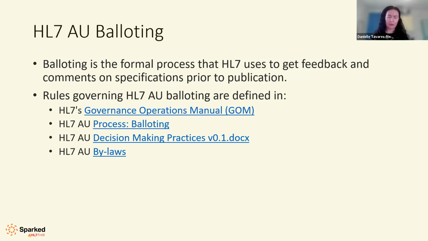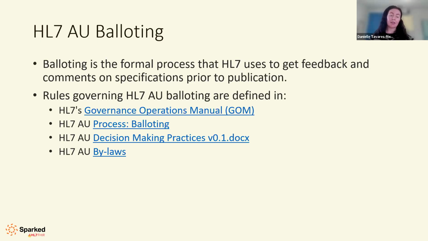There are rules governing how the HL7 Australia ballot works. They're primarily defined in 4 documents. By the way, these slides are already on the minutes, so you can go grab them now if you're keen, or come back later. So there's the Governance and Operations Manual. That's a big document. That's HL7 International. It governs everything we do.